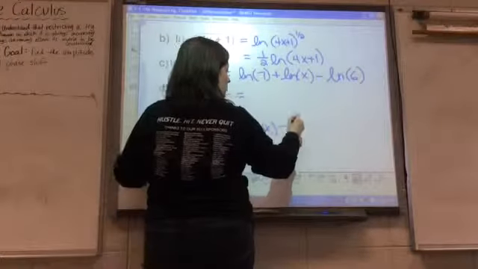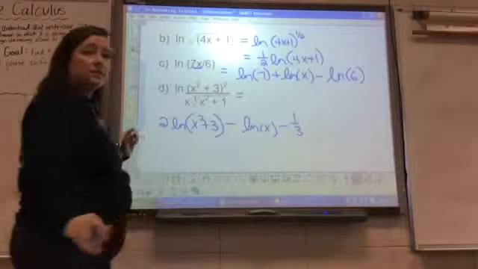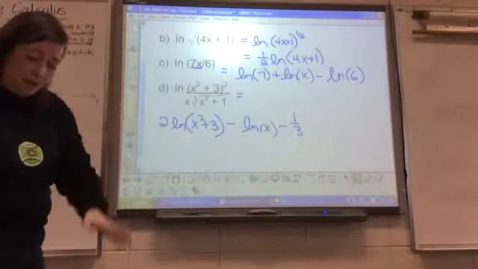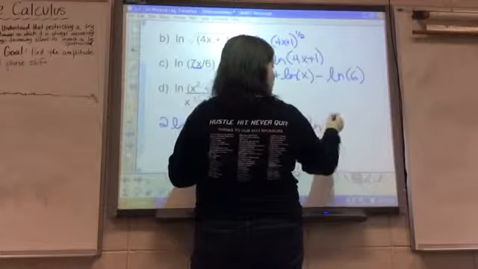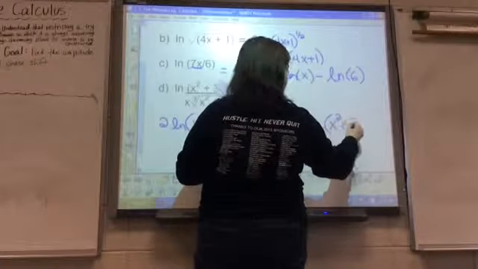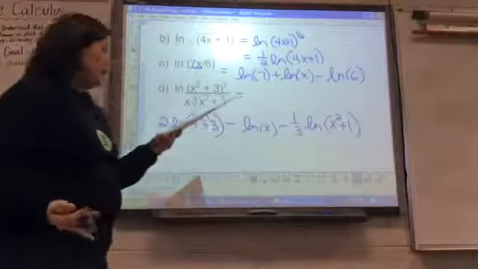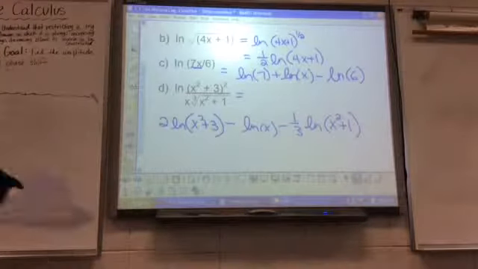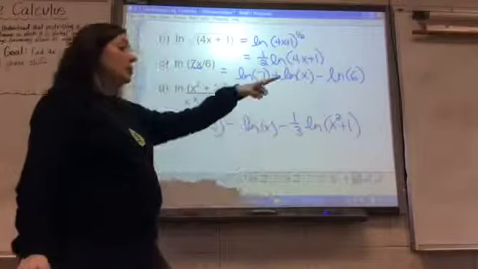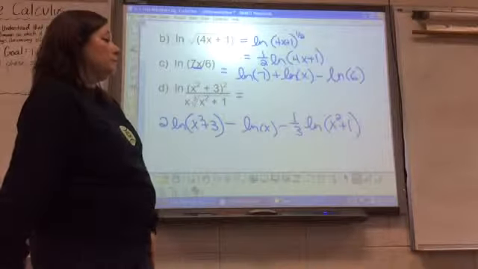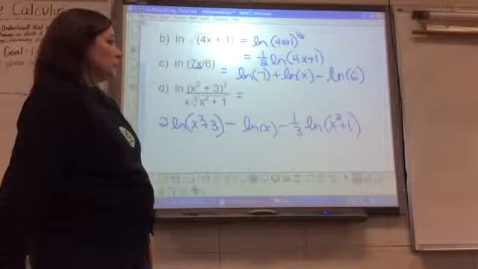So that would be minus 1/3, because minus means it's still on the bottom. That's all that means to us. Times ln of x squared plus 1. That's the answer. Minus everything that happens to be on the bottom, even though the bottoms multiply together.